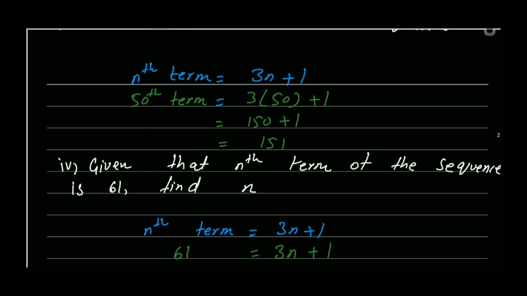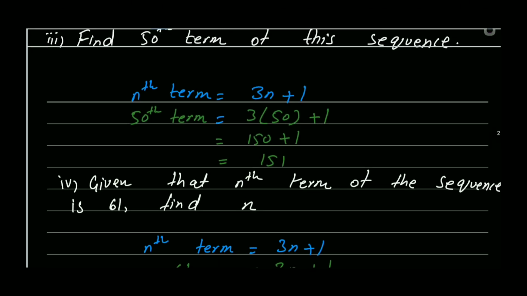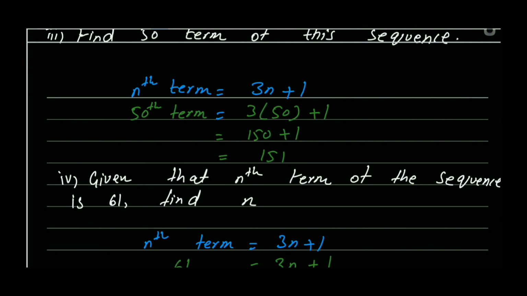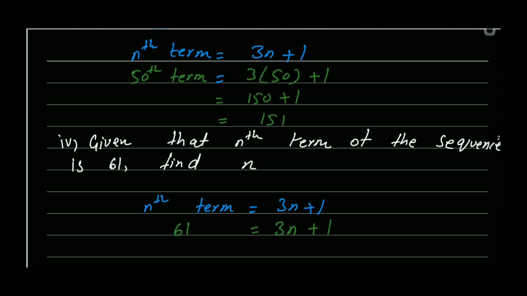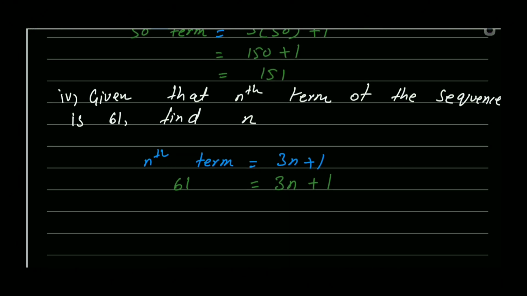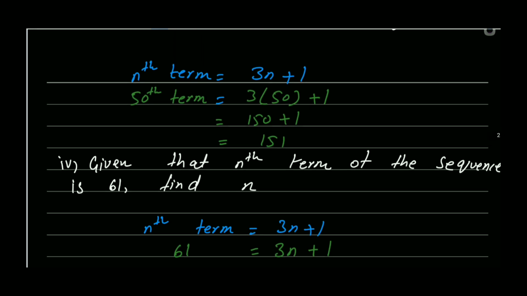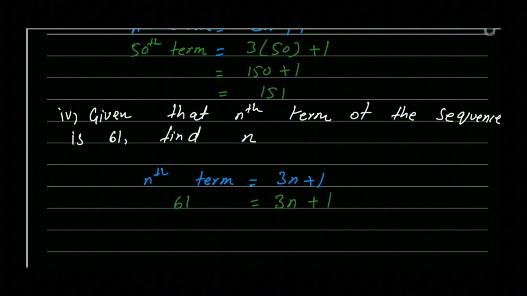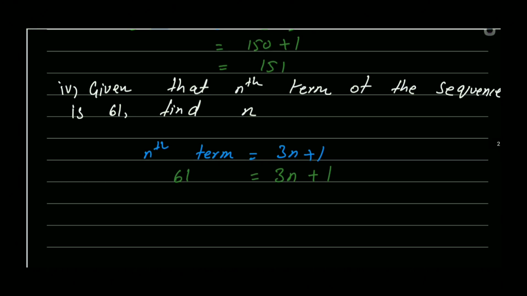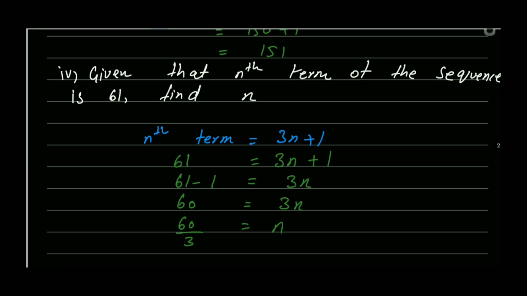So this is, you can say, the opposite of the previous part. In the previous part we had to find the 50th term, but here we have to find n. 61 minus 1 is equal to 3n. 60 is equal to 3n, and n is equal to 60 over 3.